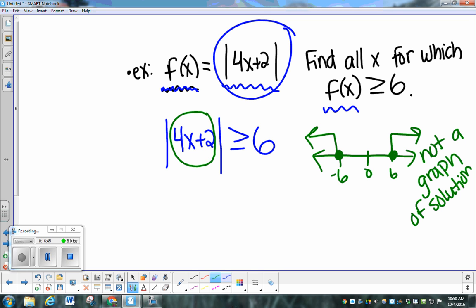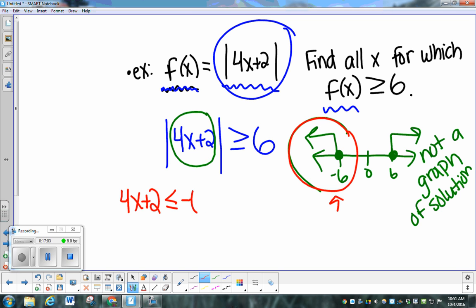So I'm going to write two equations, one for this part, one for this part. For one thing, my stuff in green, the 4x plus 2, might be less than or equal to negative 6.